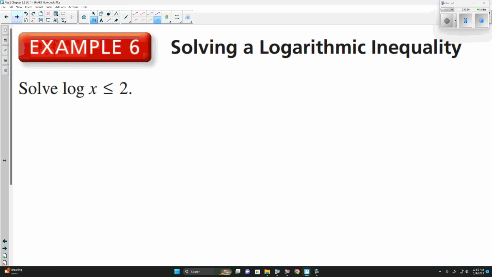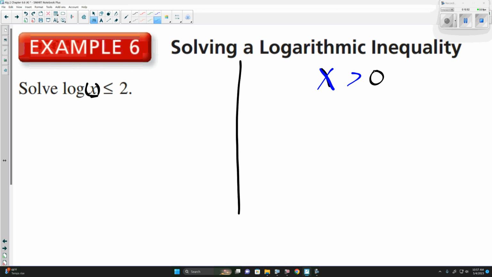Now what we're looking at is solving logarithms. What's inside the log, in this case x, cannot have a value that is equal to 0 or less than it. Here we have to say that what's inside the log, which is just x, has to be greater than 0.